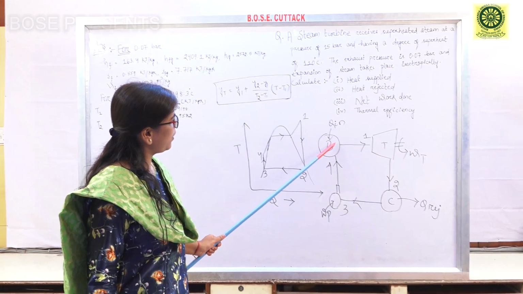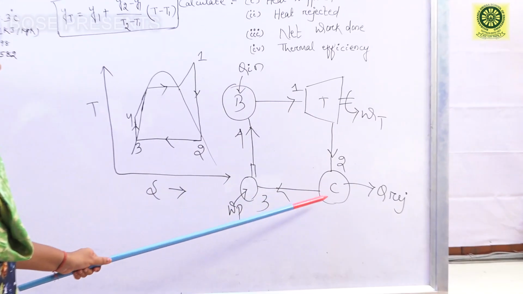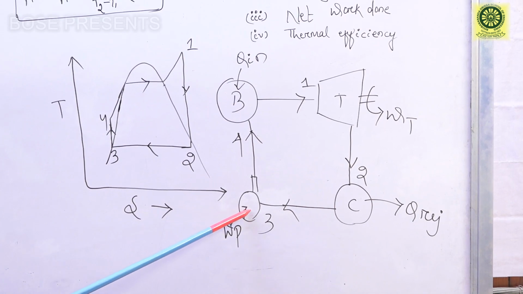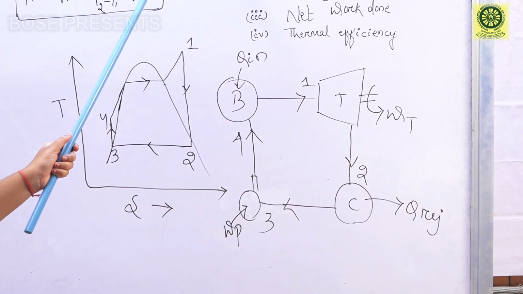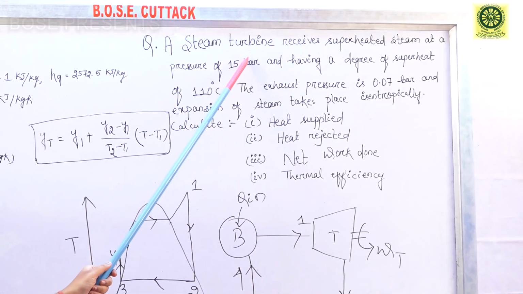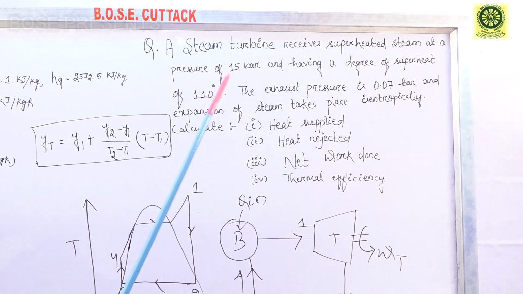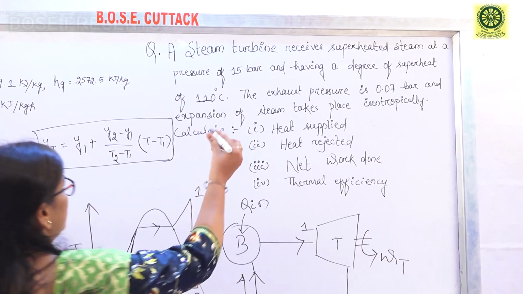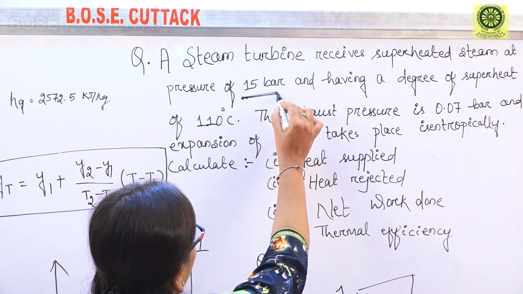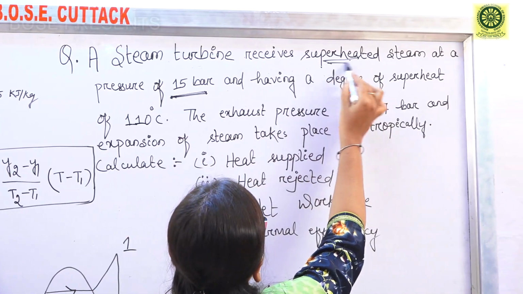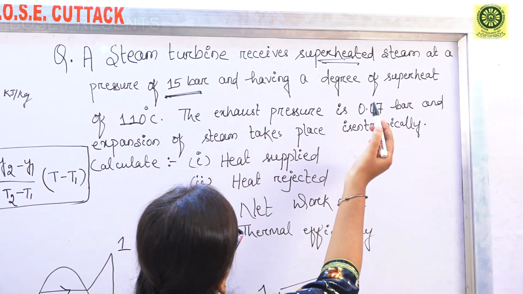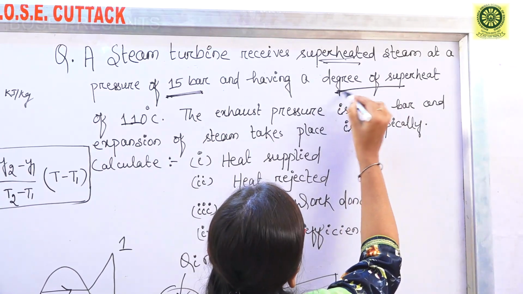This is your boiler, then turbine, then condenser, and this is your pump. In this question it is saying a steam turbine receives superheated steam at a pressure of 15 bar. You just mark this 15 bar superheated steam.